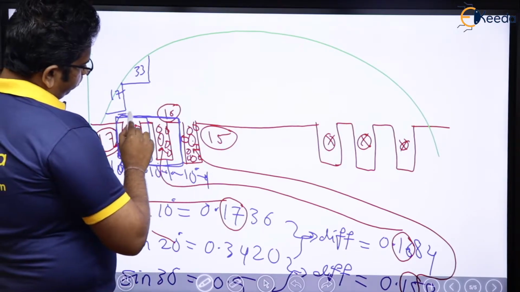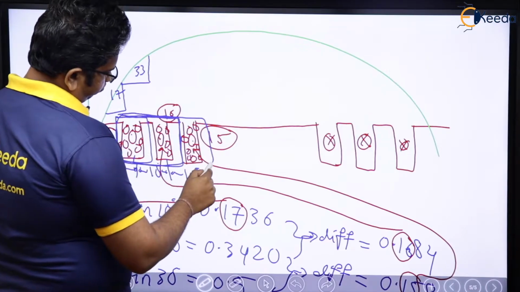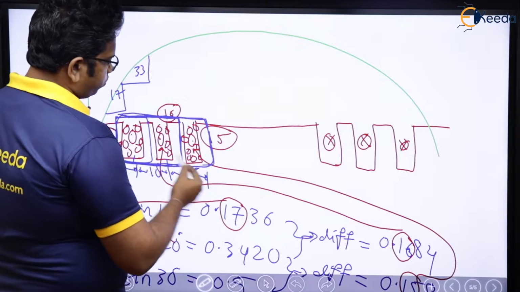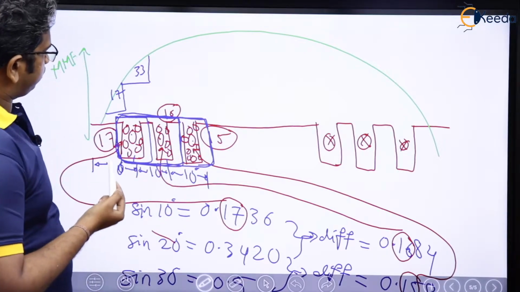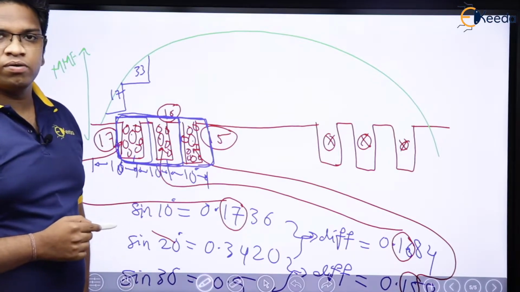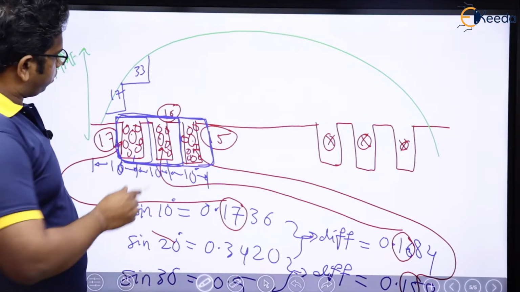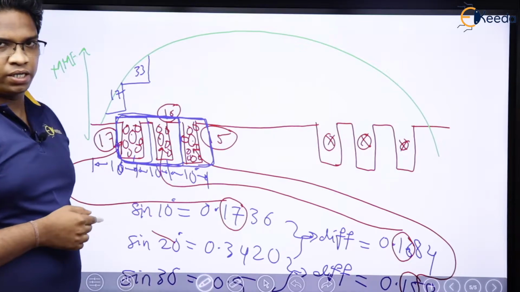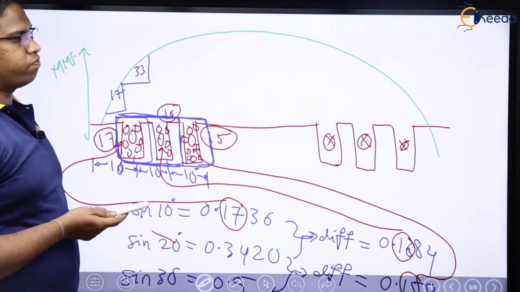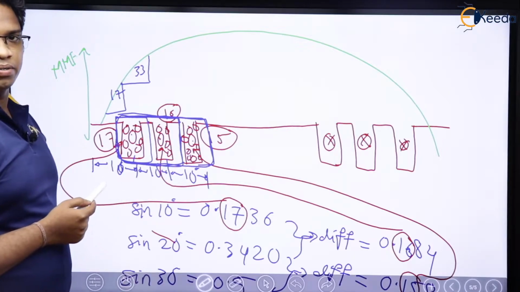And if you think of this closed path, these complete three slots, how much do you get? You get 17 plus 16 plus 15, which is equal to what? 17 plus 16 is 33. What is 15? 33 plus 15 is 48.